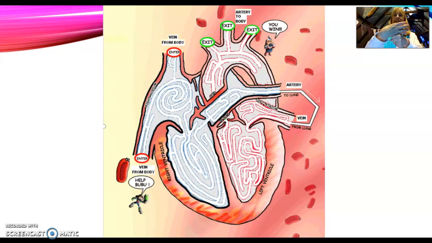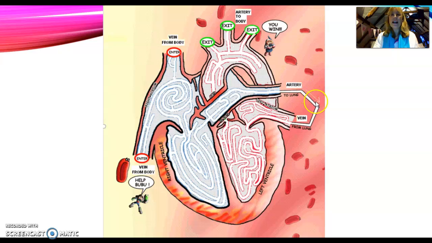And then what happens is the atrium contracts, and as it contracts, the ventricle relaxes and the blood pours into the ventricle. Then the next thing is the ventricle is going to contract, and as the ventricle contracts, the deoxygenated blood is pushed up over here via this artery because it's going away from the heart, and that artery is the pulmonary artery.